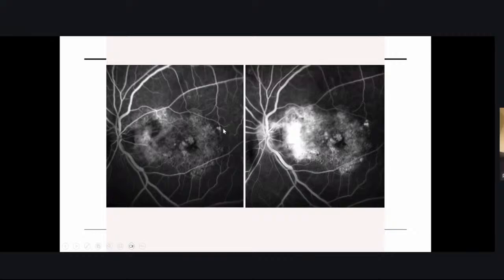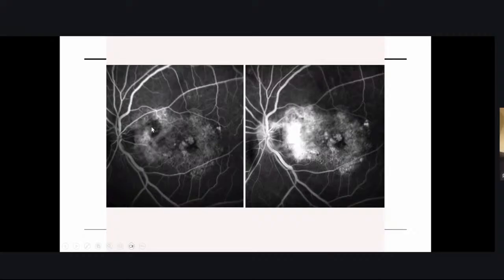Now, if we look at the lesion right here and compare it to, say, 10 minutes later, you will see that the border has increased a little, but it's largely the same. So this is just pooling with a bit of staining, compared to the whole area here, which compared to 1 minute is almost the same. So this is actually window defect for most of the area here.